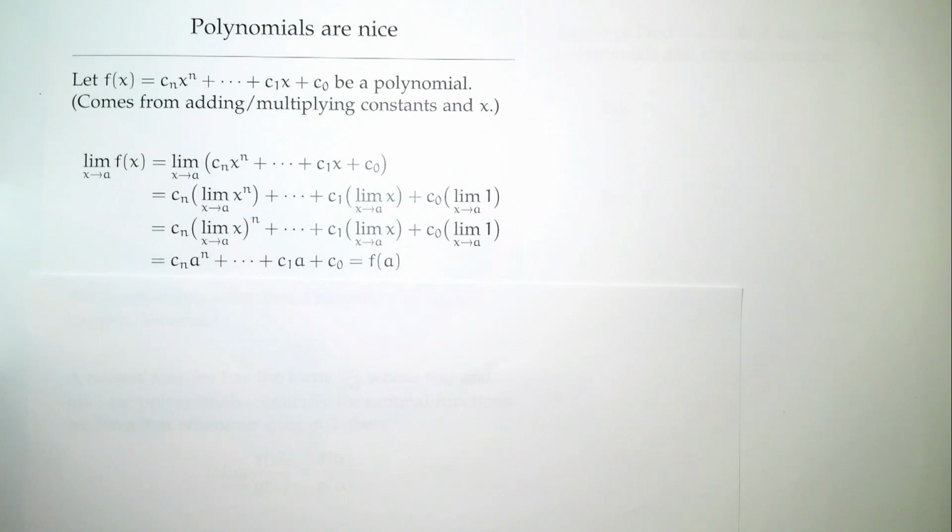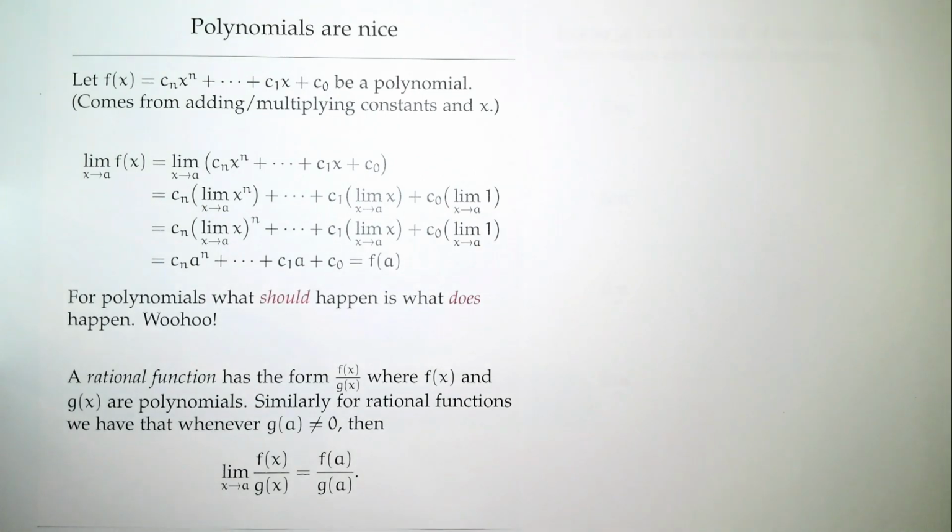They have the following amazing property, that the limit as x goes to a of f of x is f of a. No surprises. That's great. We don't want too many surprises. That's hard to work with. As it says there, what should happen is what does happen. Now, once you have polynomials, it's not hard to talk about rational functions.